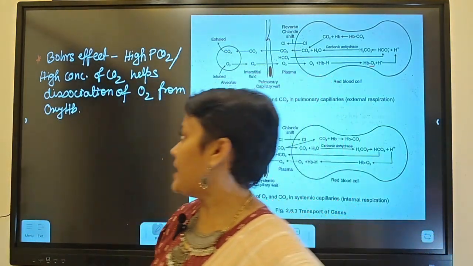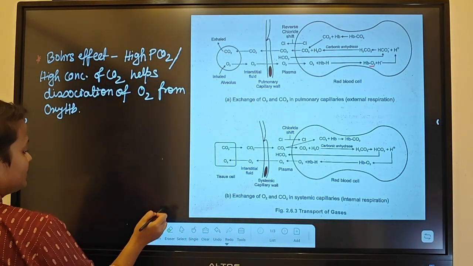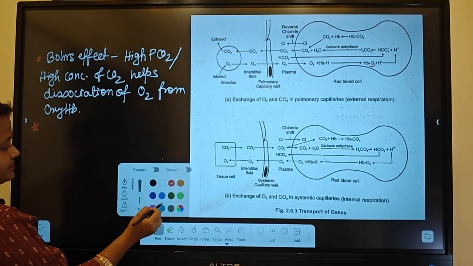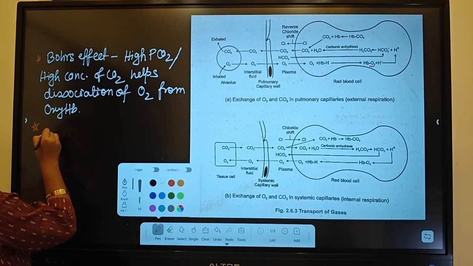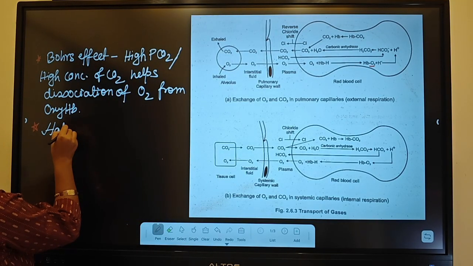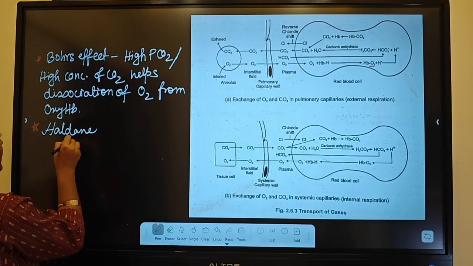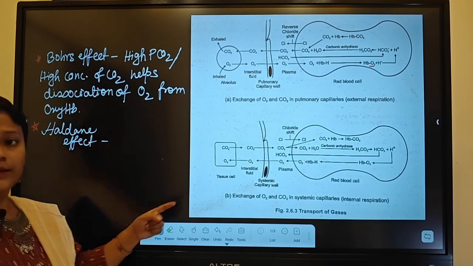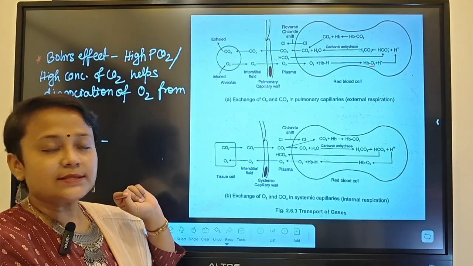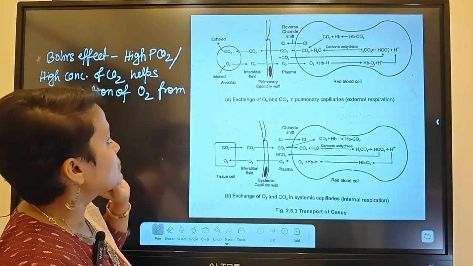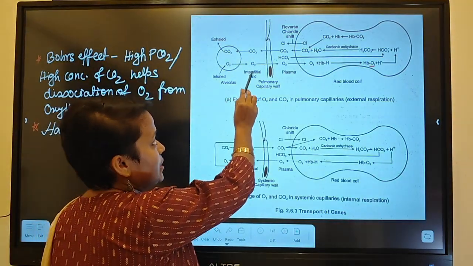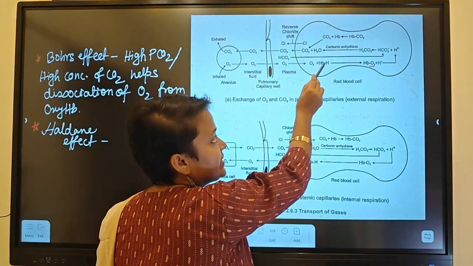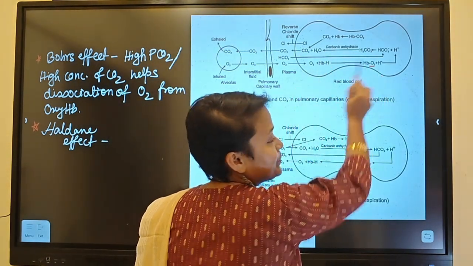Just opposite to that is another effect called Haldane effect. I told that the Bohr effect occurs in the tissue. What is Haldane effect? As I told, oxygen will enter here and make oxyhemoglobin and a proton.